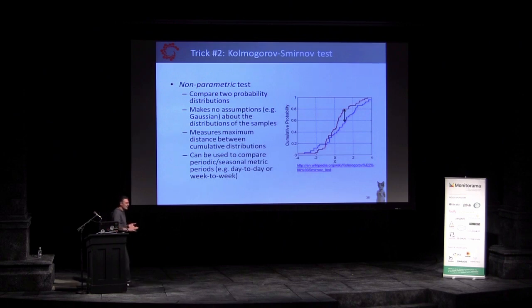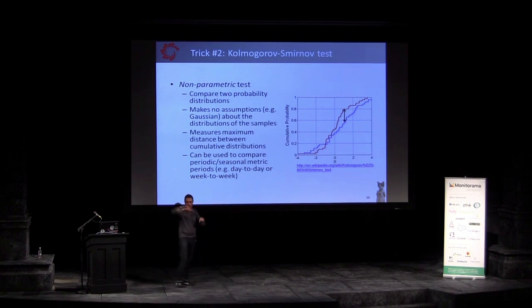So KS is used to compare 2 probability distributions. And it makes absolutely no assumption about whether the distribution is Gaussian or not. No assumption at all about the distribution of the samples. It's used to compare not the actual distribution, but the cumulative distribution.